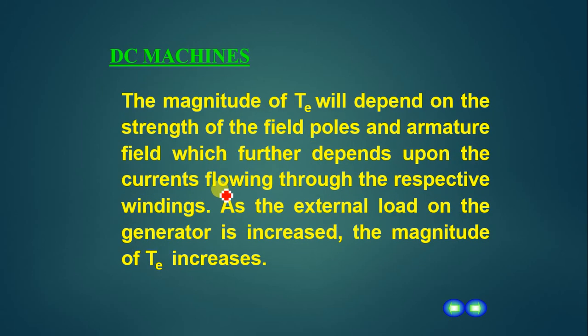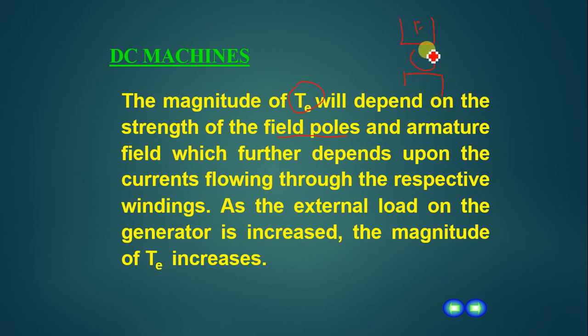The magnitude of electromagnetic torque will depend upon the strength of the field poles. If your field coils have more strength, the torque generated will be more. It further depends upon the current flowing in the respective windings of the field coils.